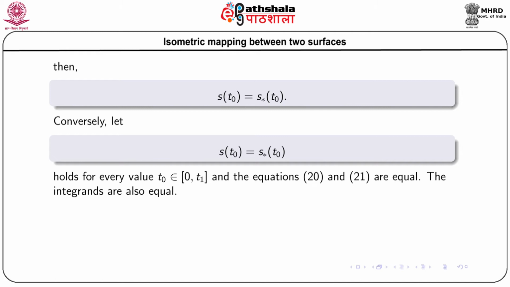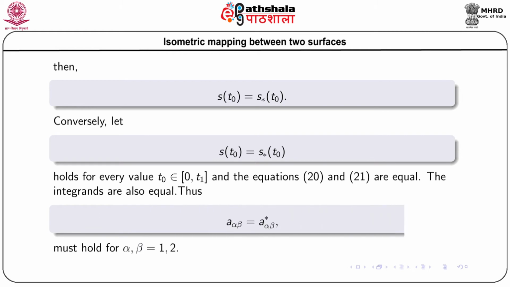Now, since this relation holds, S T0 equals S star T0, so the integrations are equal, therefore, the integrands are also equal, and thus A alpha beta equal to A star alpha beta must hold for alpha beta equals 1 2. So, thus the theorem is proved.